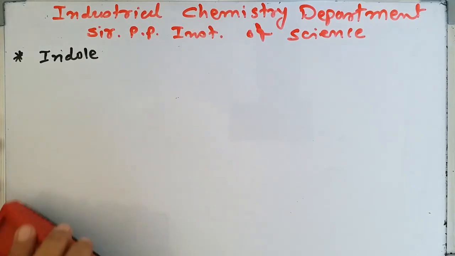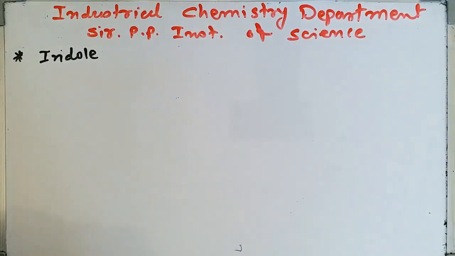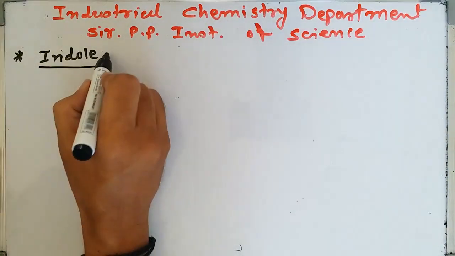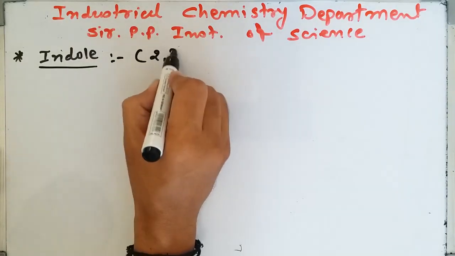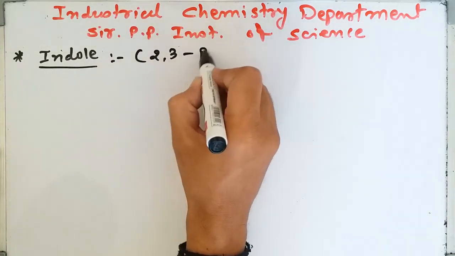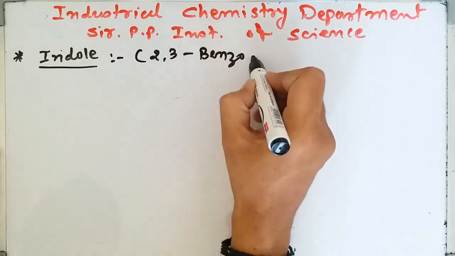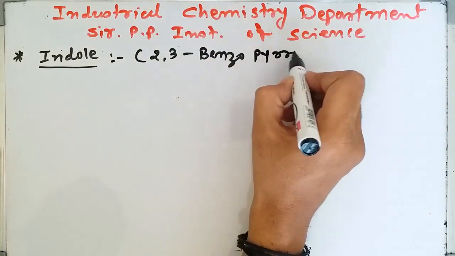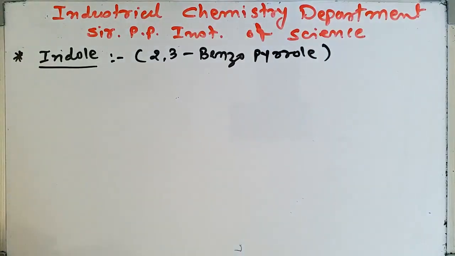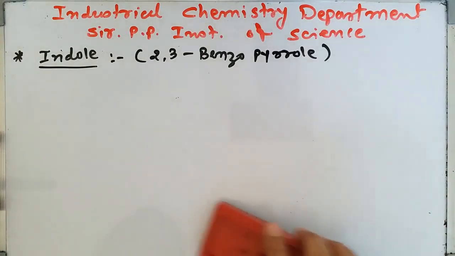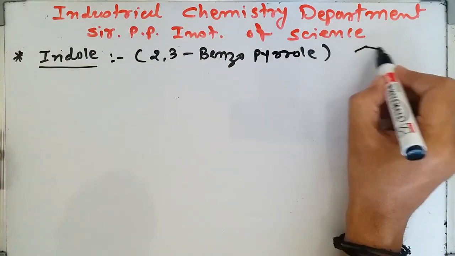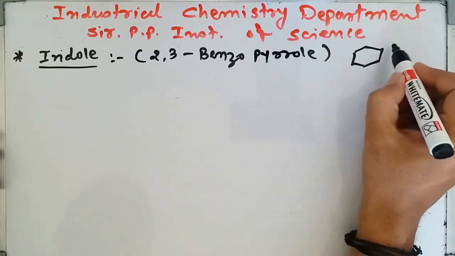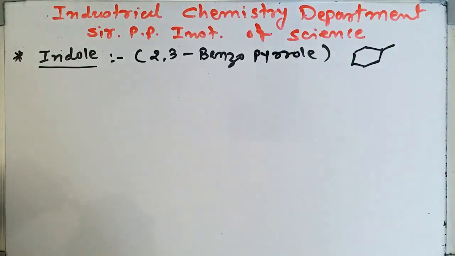Heterocyclic compound, indole. It is also known as 2,3-benzopyrrole, and we write down the structure. This is a fused compound, benzo fused.